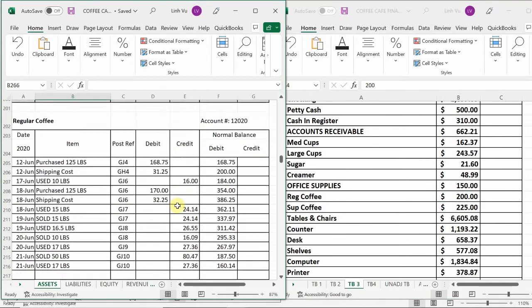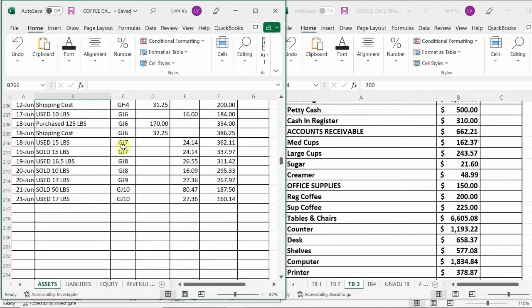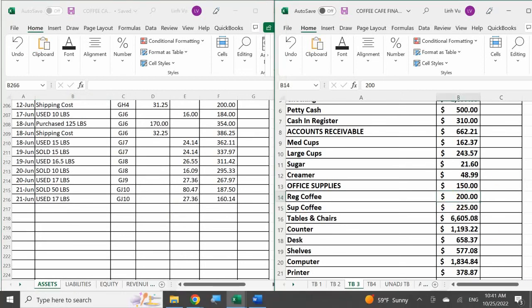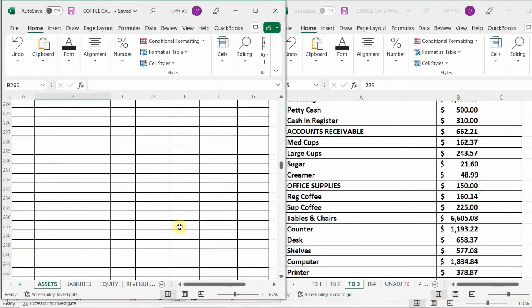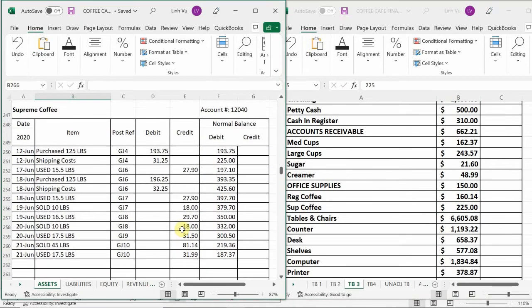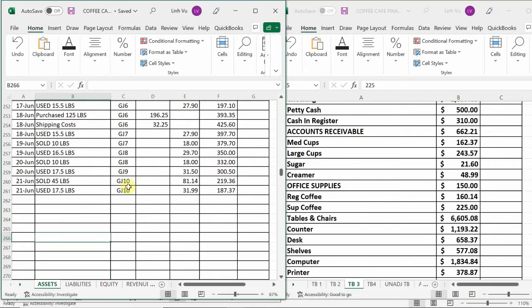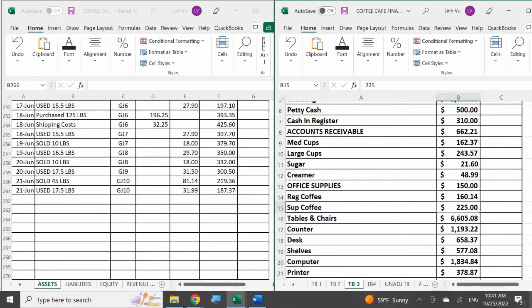Now it's inventory. What is my current regular coffee account right now? 160.14. My Supreme coffee. 187.37.